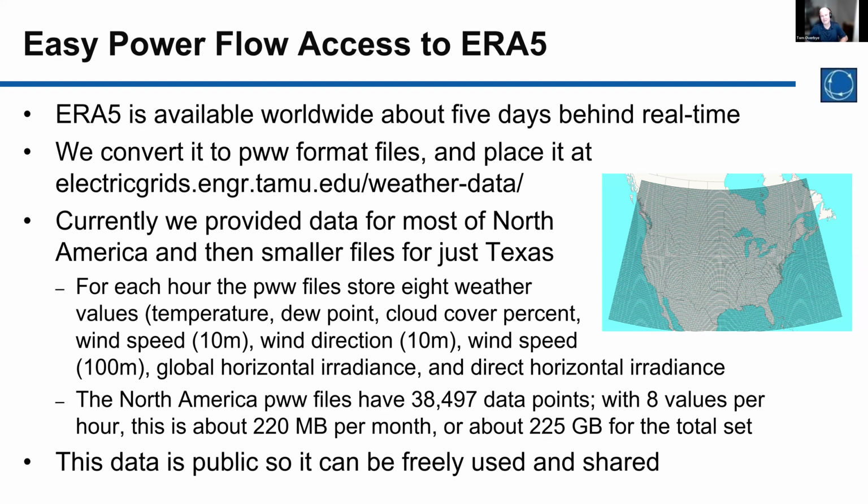That has 38,497 data points. So we get per hour 8 values. That means we have about 220 megabytes of data per month, or about 225 gigabytes in our total set. This data is public, and it can be used freely, and you can easily download it. You could probably download it this afternoon.